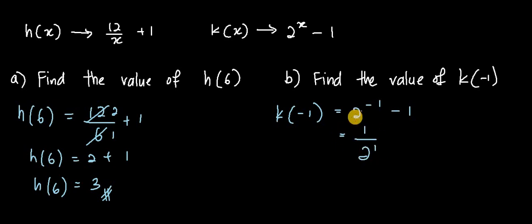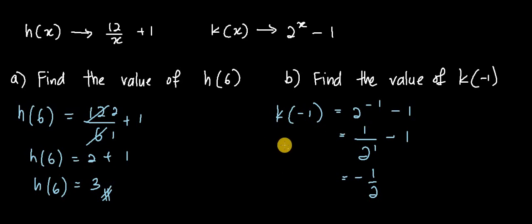Because when you have a number which has a negative power, in laws of indices, it says this number has to go to the bottom of the fraction, and the power becomes positive. So since this is power negative 1, when it comes to the bottom, you'll get power 1, minus 1. So this one, you can just use your calculator, 1 over 2 minus 1, and you would get your answer to be negative 1 over 2.